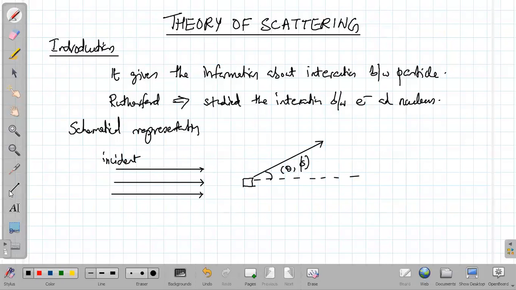In order to study the scattering process, we define a solid angle d omega, and we study how many particles are going through this solid angle. We can define the solid angle at different theta and phi, and that will give the angular distribution of the scattered particles.